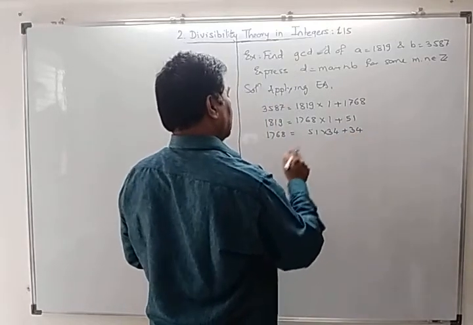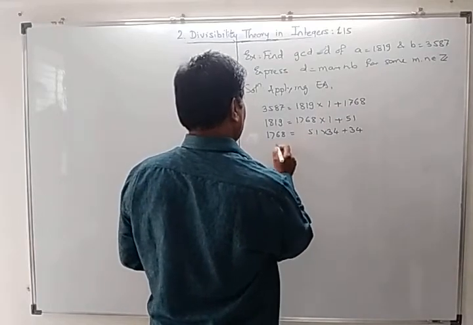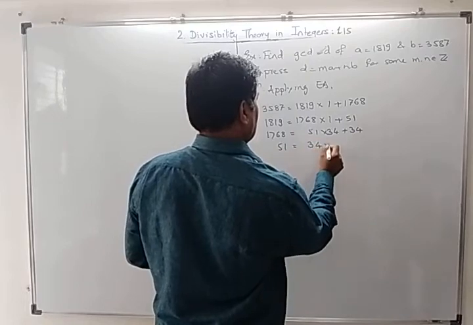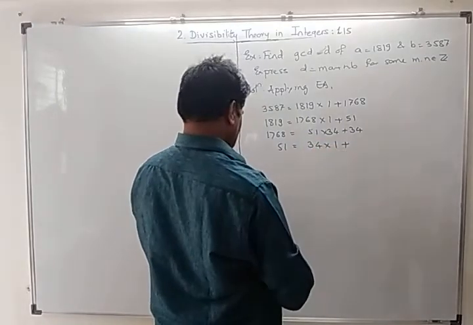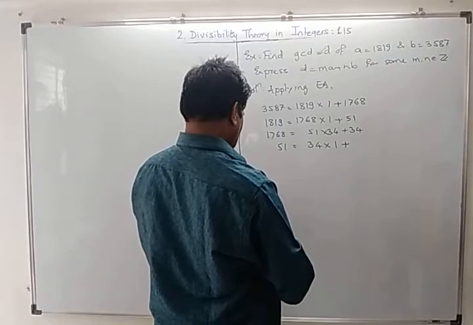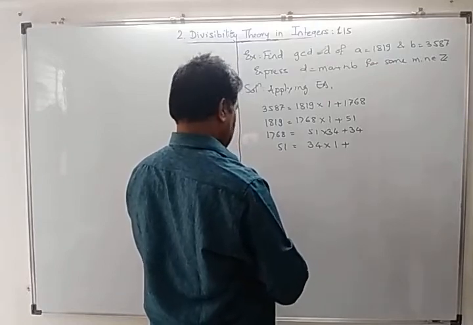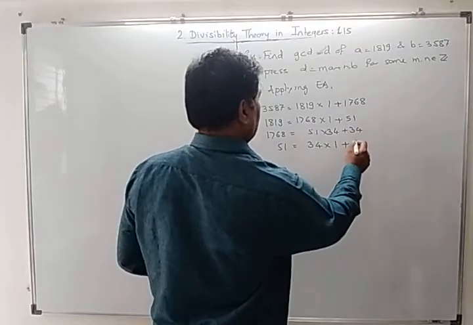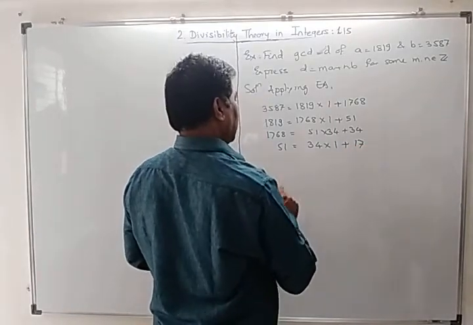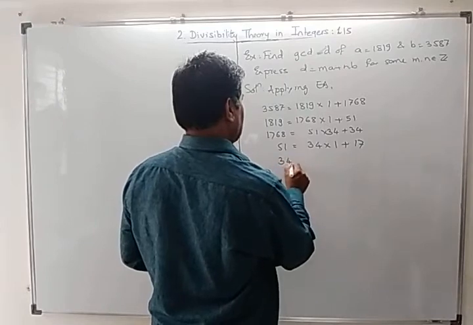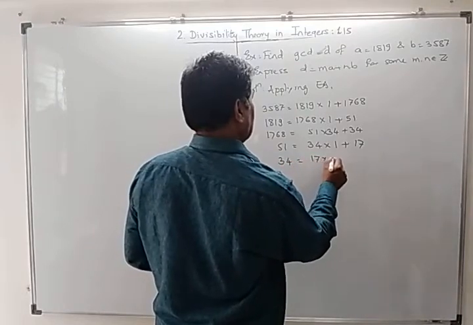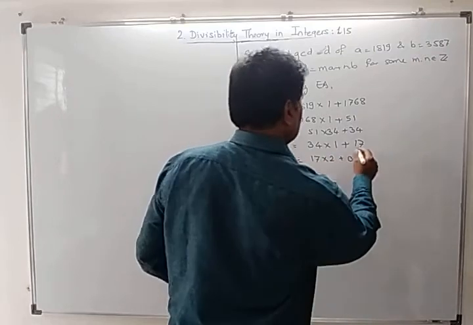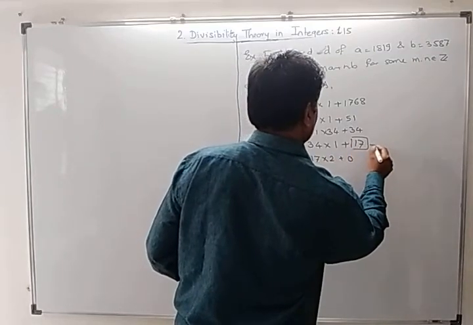Then we will divide the next remainder 51 by 34, remainder 34 into 1 plus. So 51 minus 34, we are getting 17. And then we will divide 34 by 17, 17 into 2 plus 0. So 17 is the GCD.